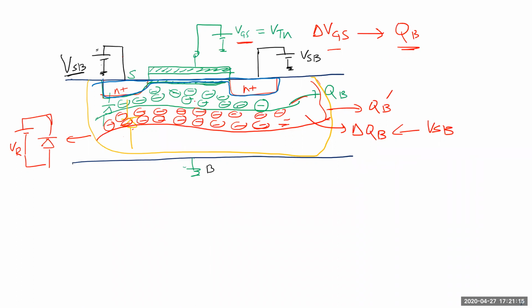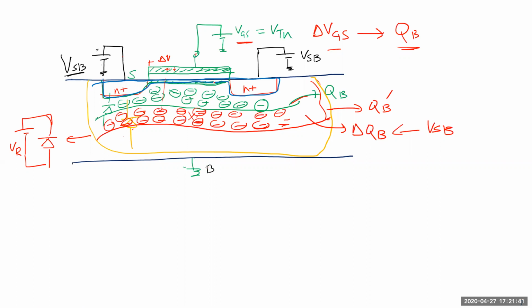So basically I want to apply a gate voltage here such that this depletion is removed. Because this is a negative charge, I have to add a delta V because I want positive charge to neutralize this. If I do that, then I'm back to that same surface potential.